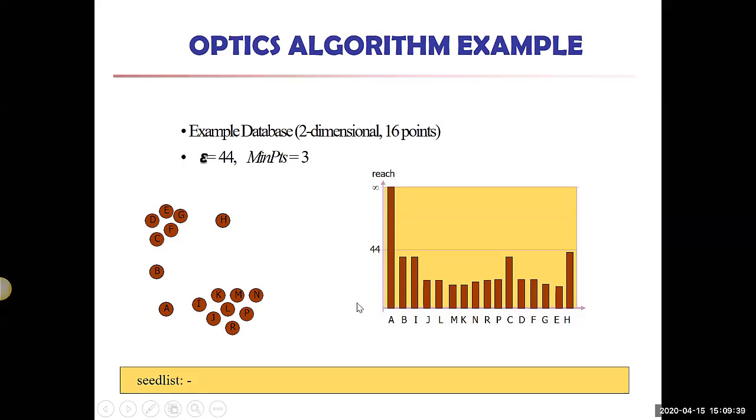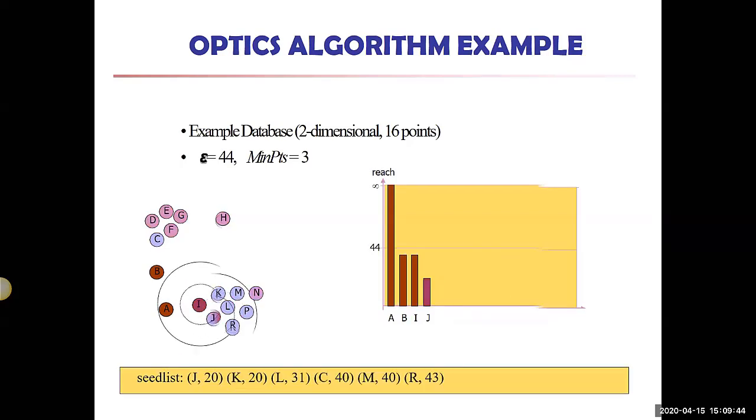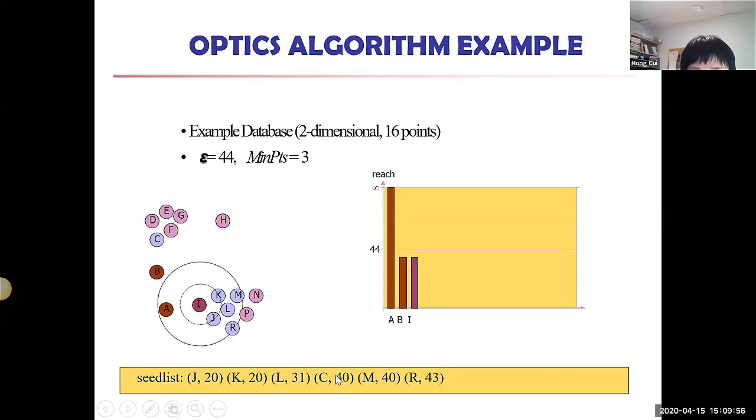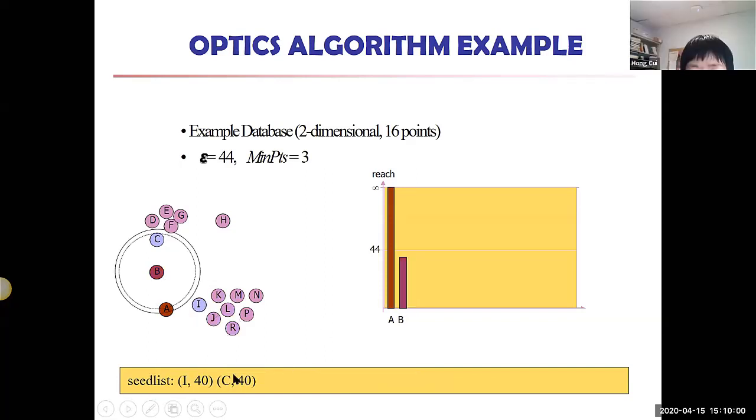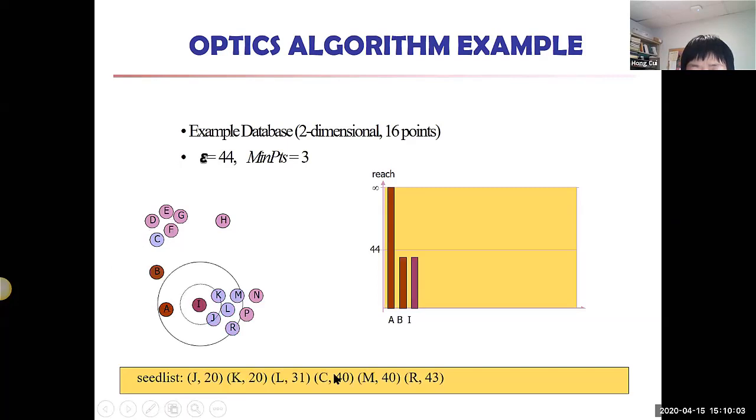I have a question. Yes. Go back to point I, for example. In the seed list, why do I see point C as well? Why do we still have point C? Yes. C was added in the previous step. It was pushed back because now with I in the center, we need to sort the reachability distance. We want to plot the points that are closer to I first.